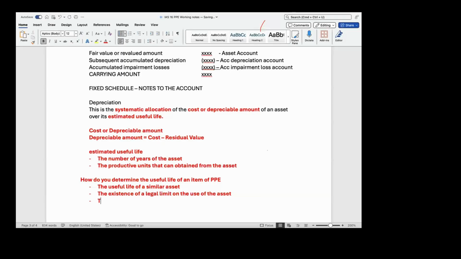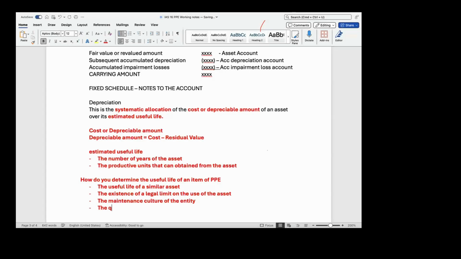Number 3, another thing that will determine the useful life is the maintenance culture of the entity. An asset that is well maintained would have a longer useful life compared to the one that is not properly maintained.